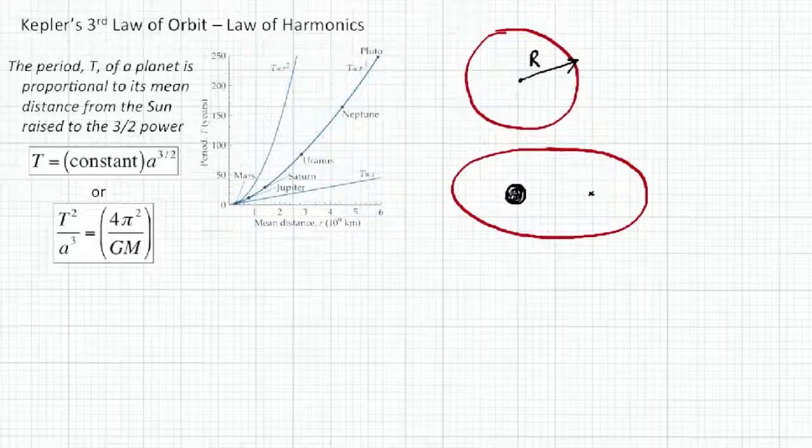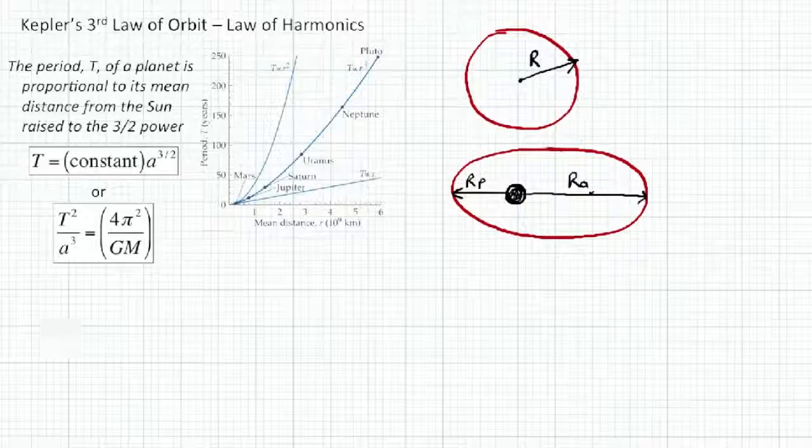From the center of the sun to the closest point of approach of the orbiting body, we call that the perihelion radius, or perigee radius. And from the center of the sun all the way to the furthest point of approach, we call it the aphelion or apogee radius, RA.